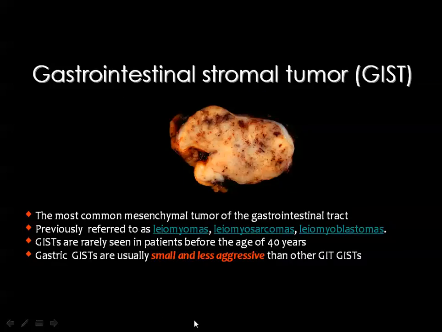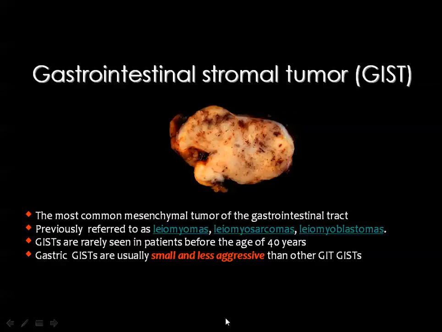Then we come to the gastric tumors, which are the gastrointestinal stromal tumors. These tumors were previously known as leiomyomas or leiomyosarcoma or leiomyoblastoma, but the literature has agreed on this name, which refers to a mesenchymal tumor of gastrointestinal tract origin.